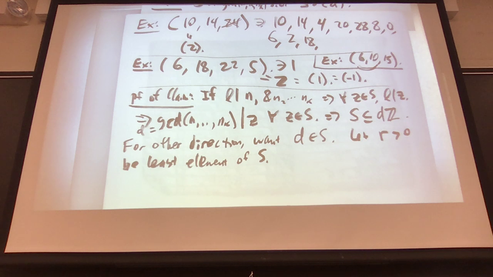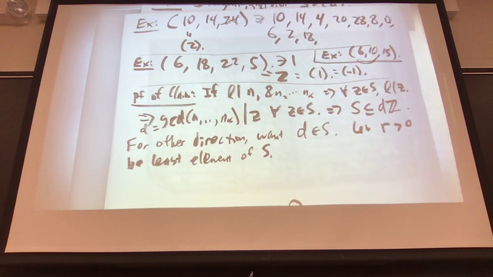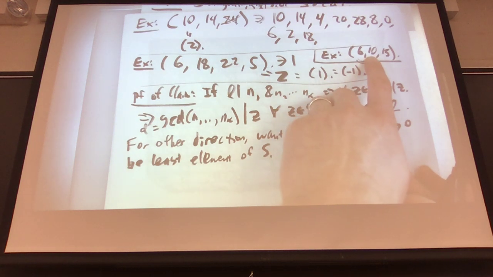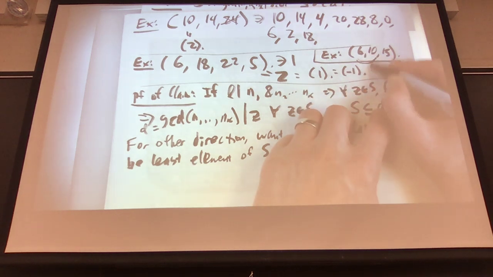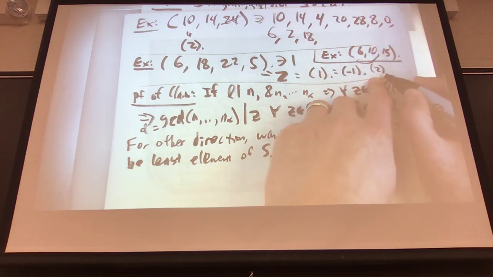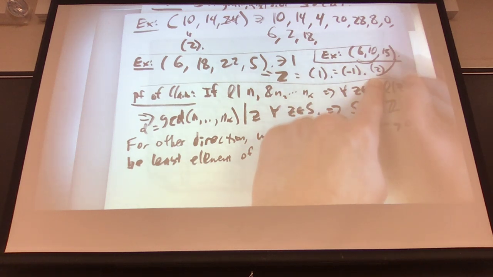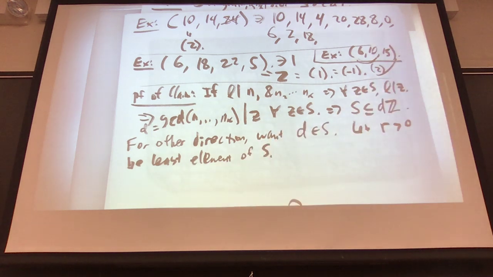So the ideal generated by 6 and 10 is the ideal generated by 2, because the GCD of 6 and 10 is 2. Any linear combination of 6 and 10 is just a multiple of 2, which means any combination of 6, 10 and 15 is just a combination of 2 and 15. So you can do this in pairs.